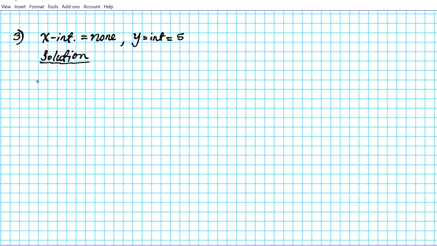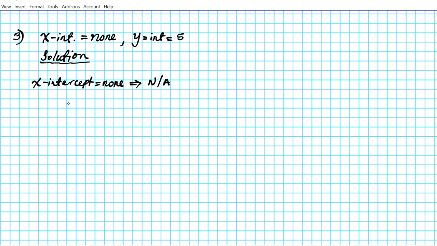All right, so let's write down the respective coordinates that correspond to this information that we have here. So if the x-intercept is none, then what point on the line do we have here? If the x-intercept is none, that means that we do not have any coordinate on the graph that falls on the x-axis.